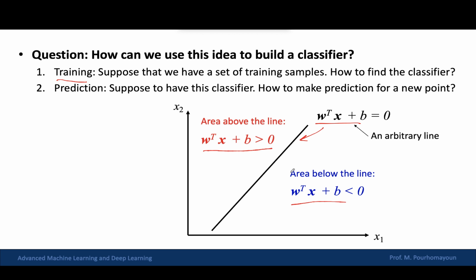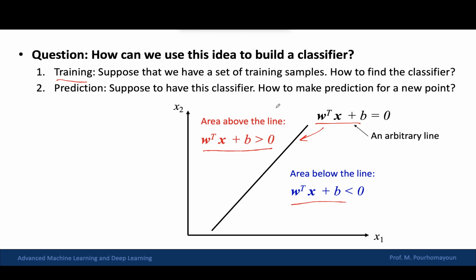It can be cat and dog. You want to detect if this is a cat or dog. If you put cat pixels as features in this equation, the equation will be positive. If you put a dog's pixels, an image of a dog, in this equation, it will be negative.